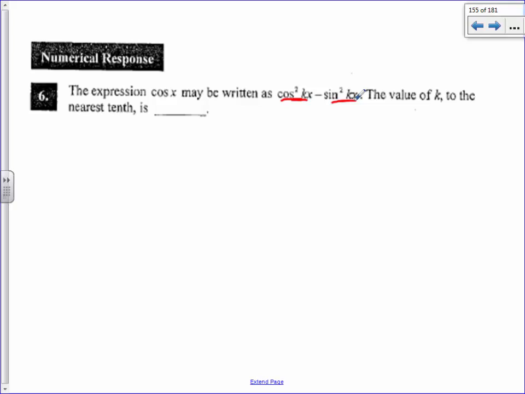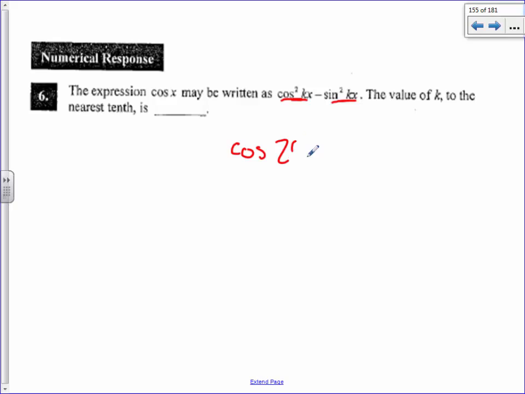Where you have cosine squared minus sine squared, what's it equal to? Cosine 2 of whatever the thing there is. Oh, I did that backwards.